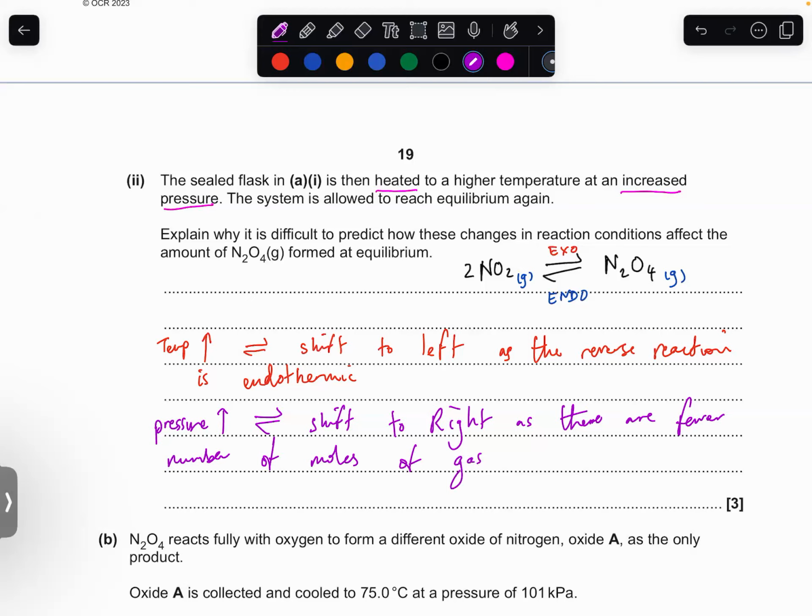Pressure doesn't affect liquids or solids, it's the gas, fewer moles of gas. Now you see, you get 2 marks for those statements, but why is it difficult to predict? Because you've got 2 opposing effects, and you don't know which effect contributes more or less.